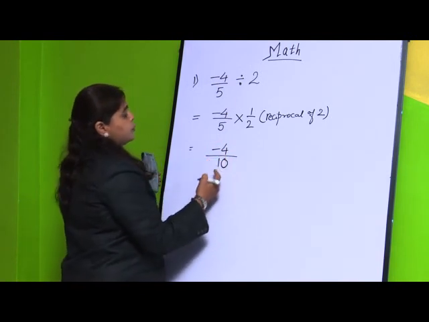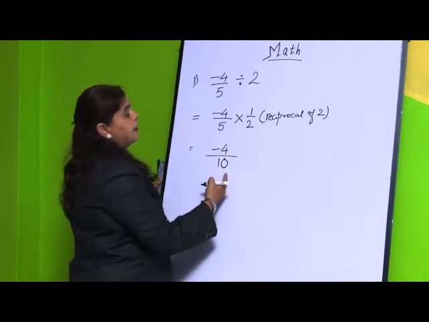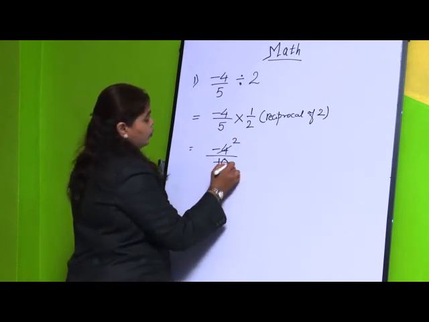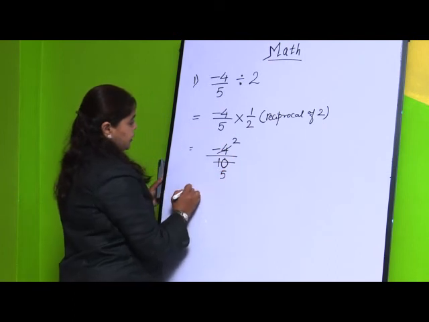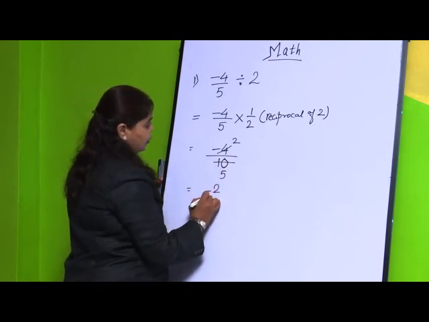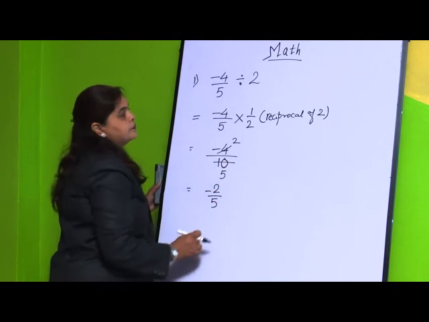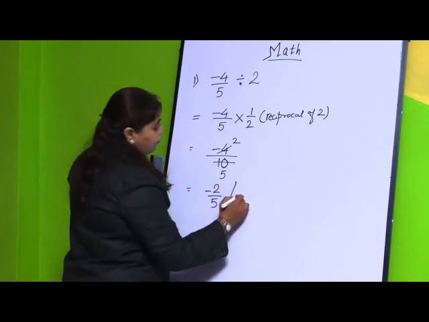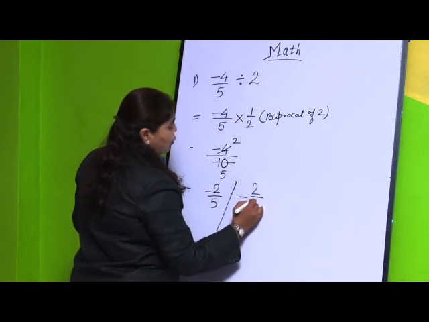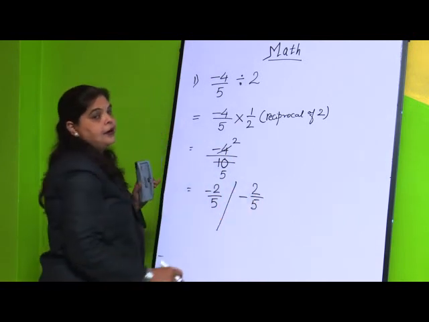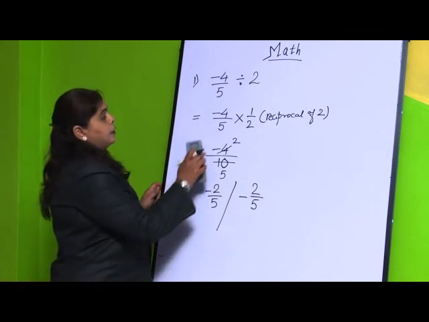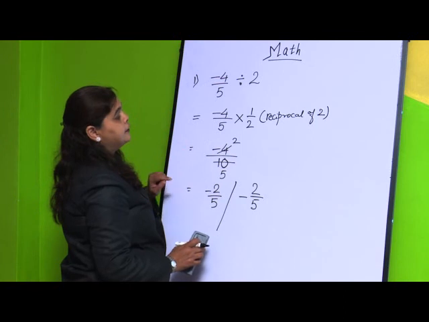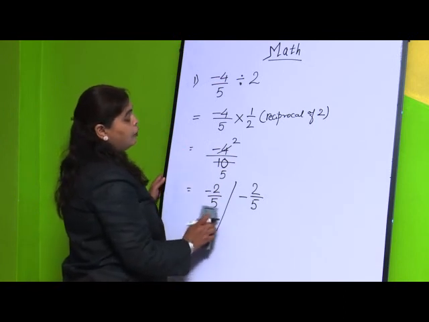Now it is possible to reduce, yes, we have even numbers. So 2 twos are 4, 2 fives are 10, so it is equal to minus 2 upon 5. If you write minus 2 upon 5 or minus 2 by 5, both are correct. Here in this we used step by step, we did the reciprocal and found out the value of this.